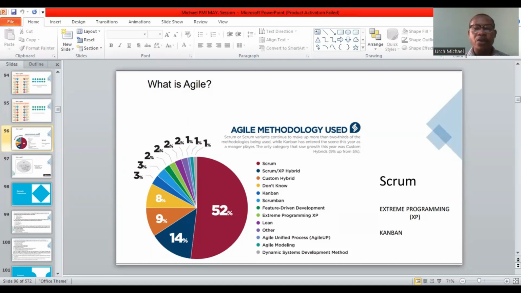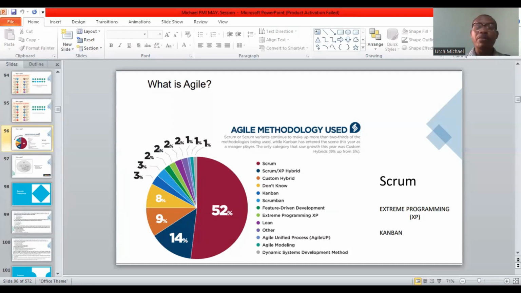Then also we have the Scrum and XP hybrid, custom hybrid, DSDM, Kanban, Scrumban, feature-driven development, extreme programming, the Lean, Agile Unified Process, agile modeling, and dynamic system development methods.